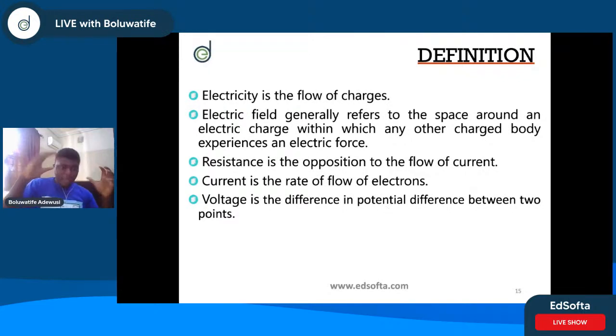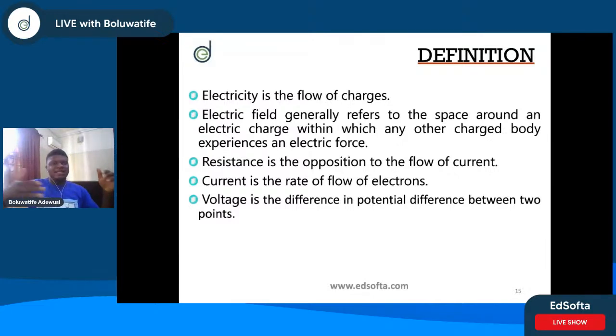So the idea here is this. Voltage is simply the difference in potential. Two points have a particular potential difference, right?